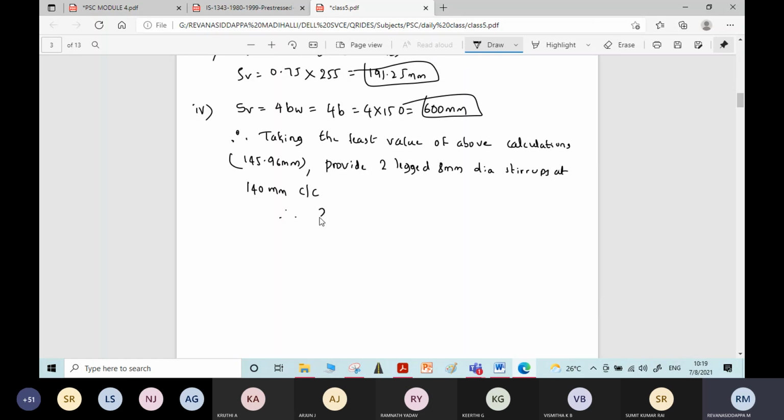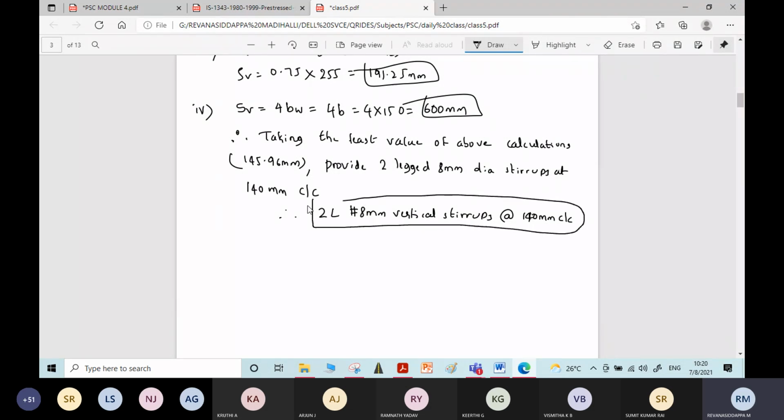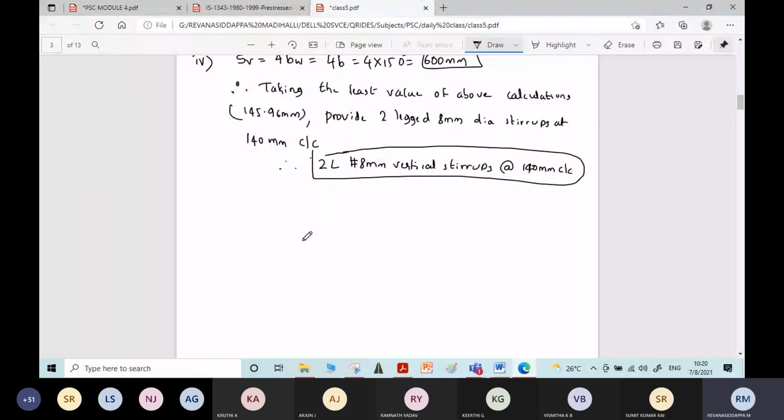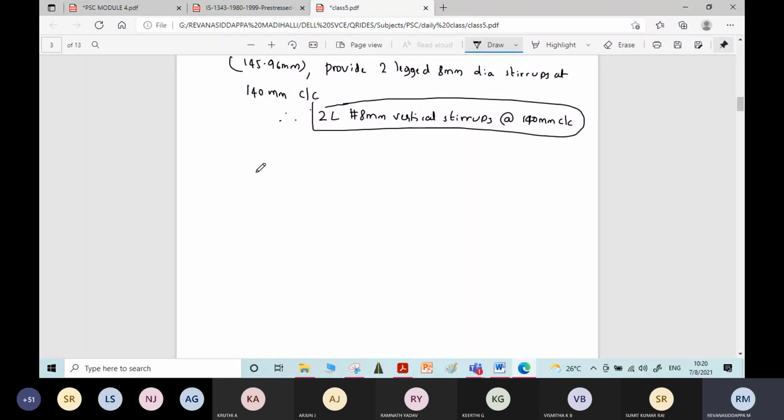Therefore, two-legged 8 mm dia vertical stirrups at 140 mm center to center. Okay. This completes the design, and you need to give detailing also, reinforcement detailing also. You write the figure.